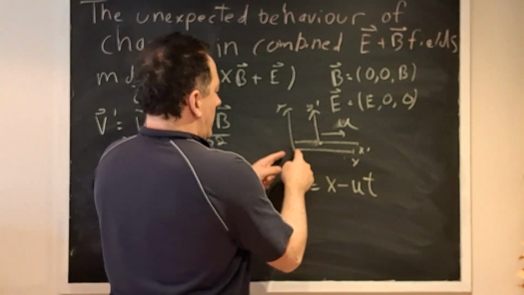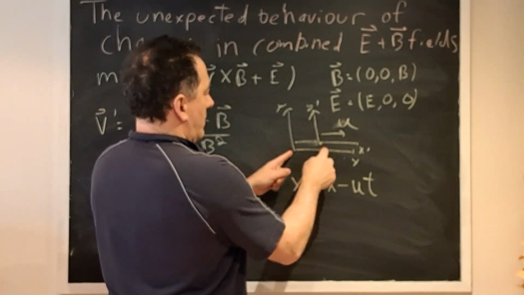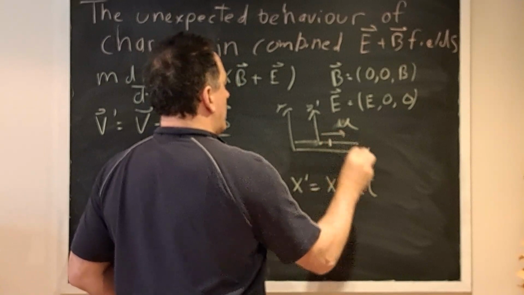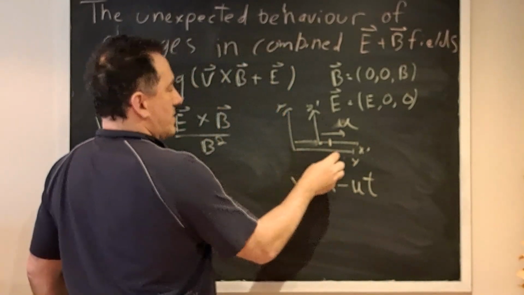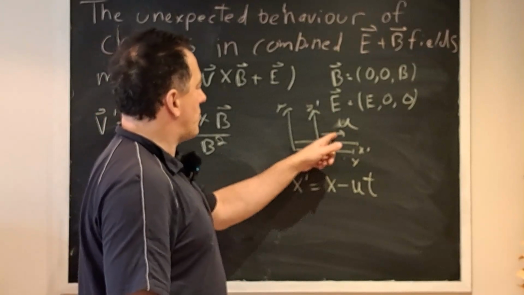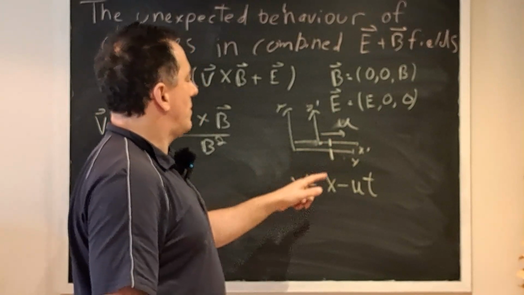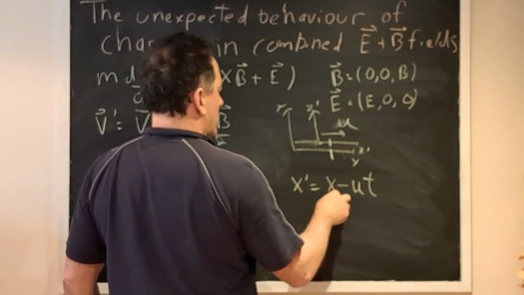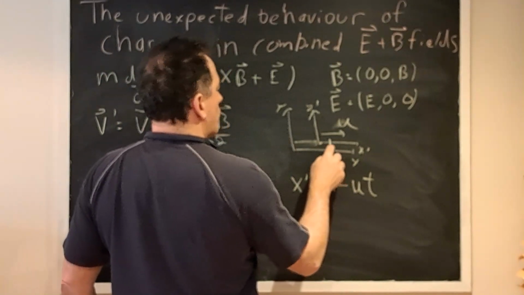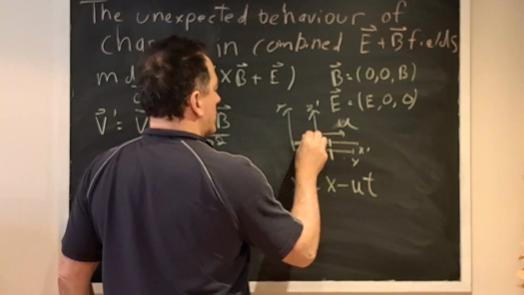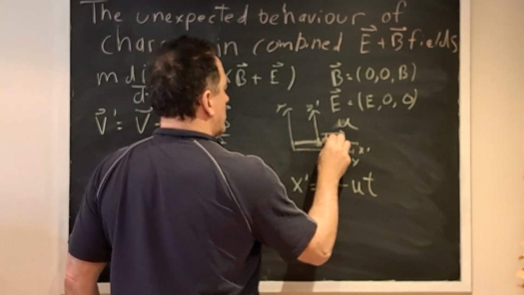The coordinate here in this reference frame, x prime, is here. And the coordinate in x is here. So what we want is to know what is the relationship between these two. Well, x is equal to the distance here plus the distance here. So that's the first distance, d1.